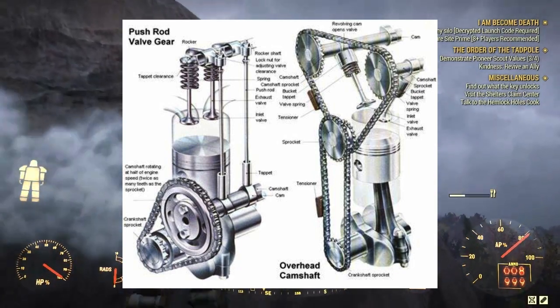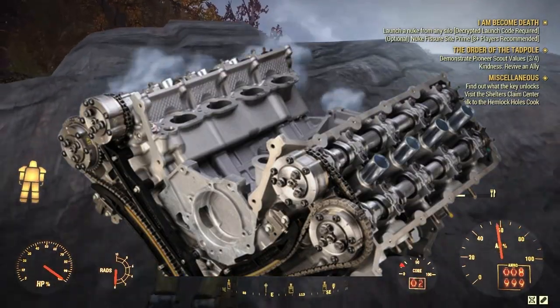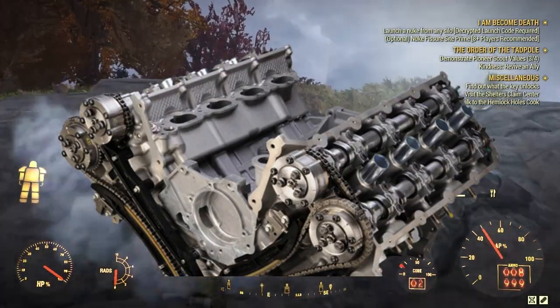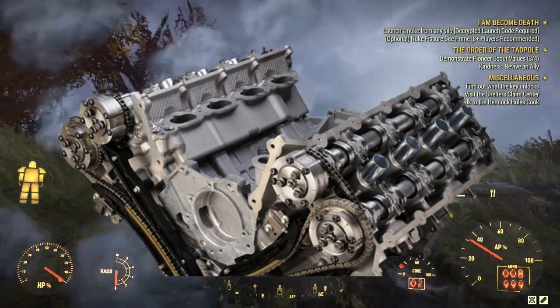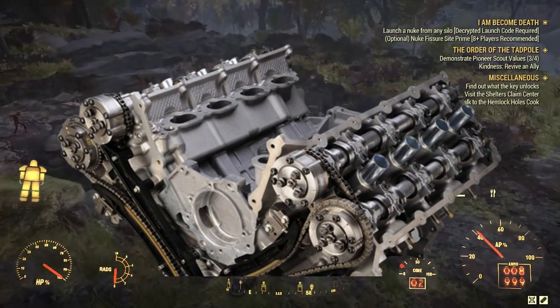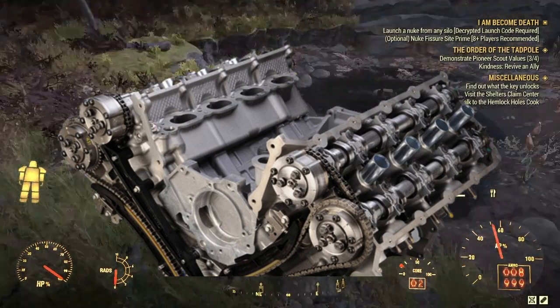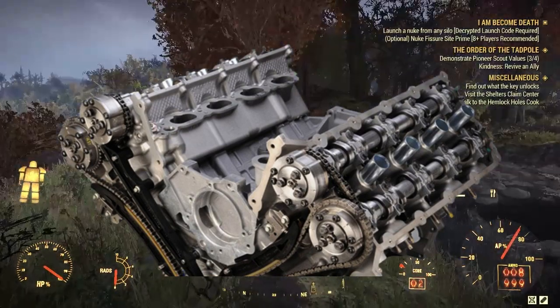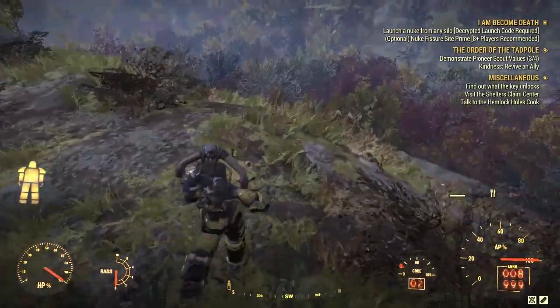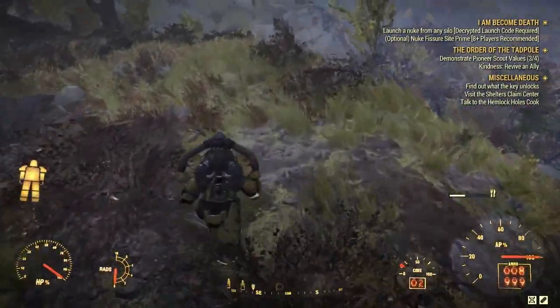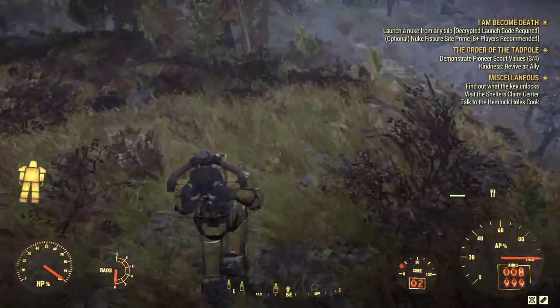So it's going to be 2 and 2 on a V8. It'll be 2 on one side, 2 on the other, and basically 2 of them are meant for intake valves, and the other 2 are meant for exhaust valves. Obviously, you can see that on screen, but that is how that works.